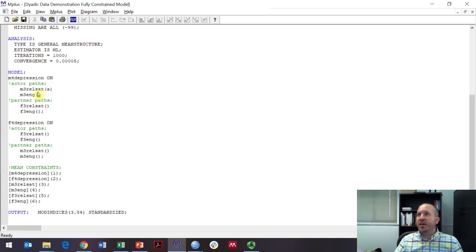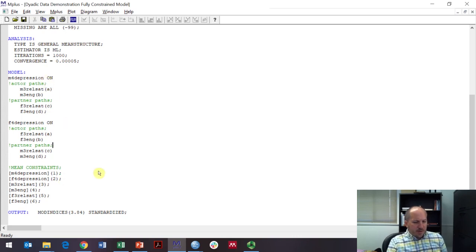And then I'm just going to go A, B, C, D, A, B, C, D. So you can see that for relationship satisfaction, the actor paths are both A, and for engagement, the actor paths are both B, and then the partner paths are both C, and then the engagement partner paths are both D. So I have now constrained my matching set of paths to all be the same.